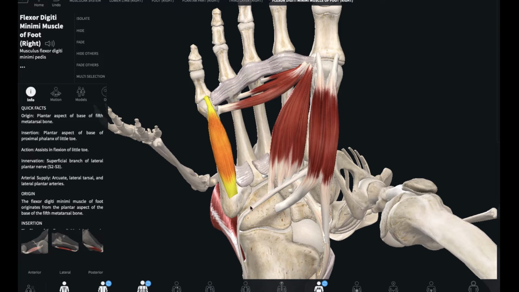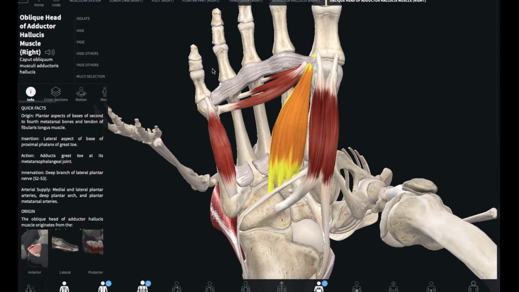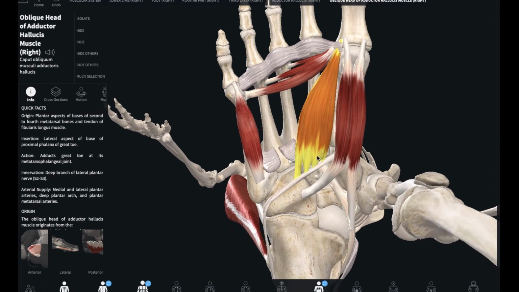The nerve is the lateral plantar nerve, and these two work hand in hand. Oblique head of adductor hallucis muscle originates on the base of the second to the fourth metatarsal bones, and so right here, 2, 3, and 4.